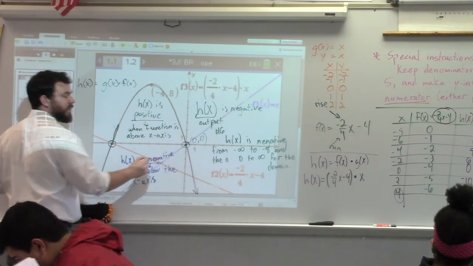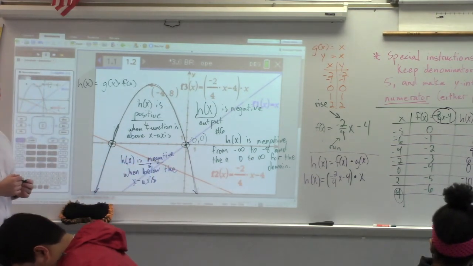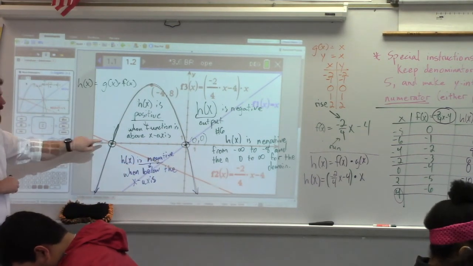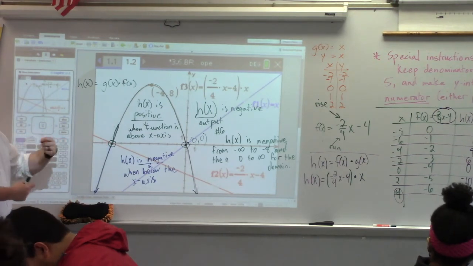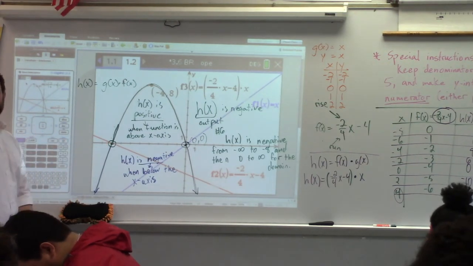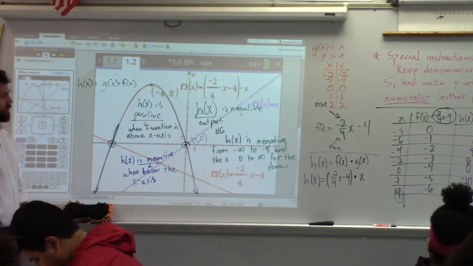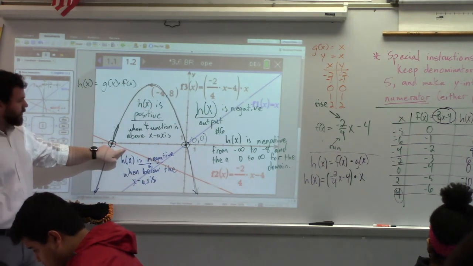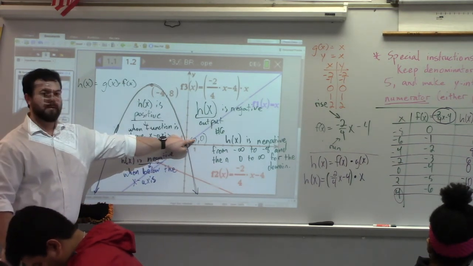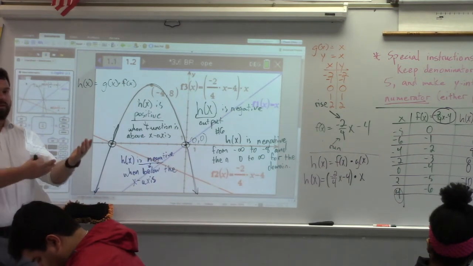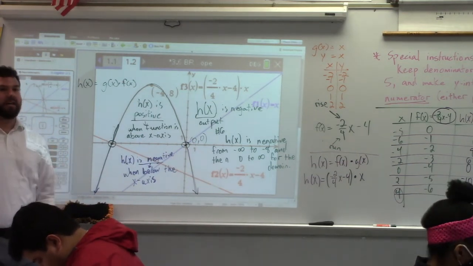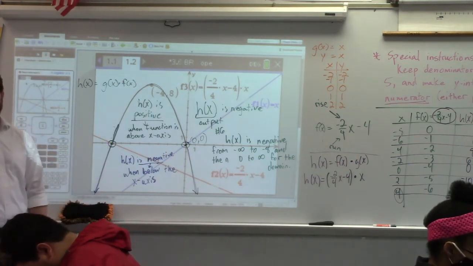We got to notice that it's at the x-intercepts that those change. And how are we getting those x-intercepts if we think about the linear factors? Those are also the x-intercepts. Because what are the y values there?